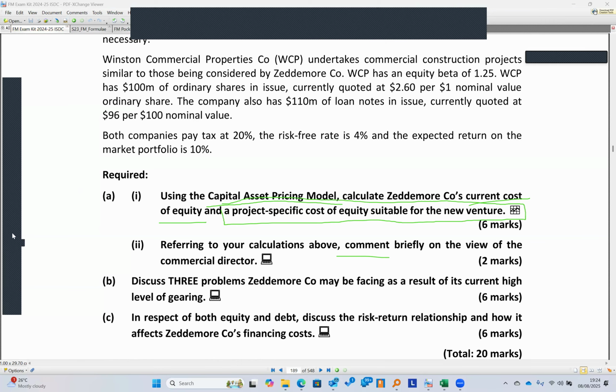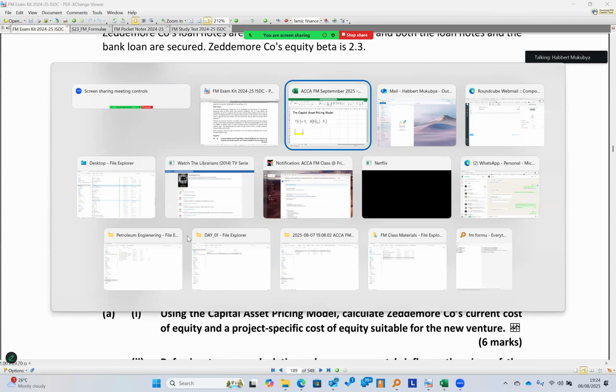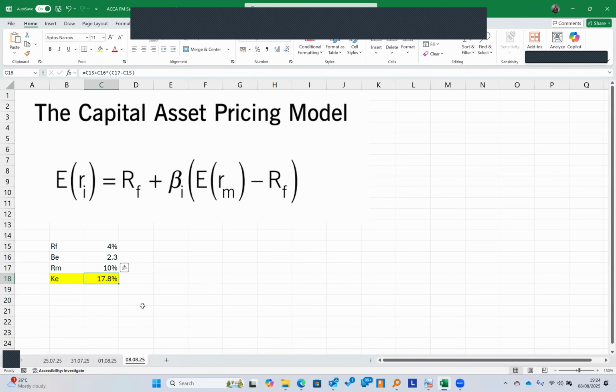Okay, now to get the project-specific cost of capital for the new venture. Now, what normally happens is, if you do have a project that is different from the company's operations, you can't use the cost of capital that you have calculated. Okay, you can't use this KE that I've put here.